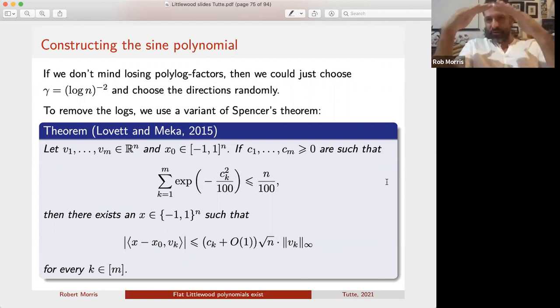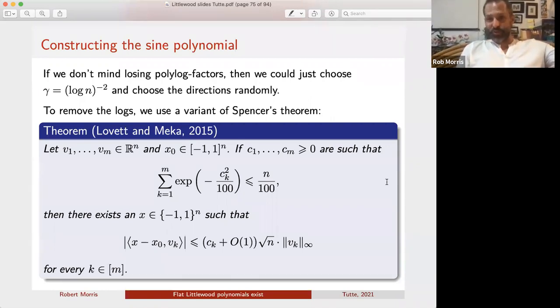Then you hit another one, and you continue the Brownian motion in the intersection of these two hyperplanes. When you hit one of the sides of the cube, you continue in the side of the cube. You run this Brownian motion until you've fixed a constant proportion of your coordinates, and then you stop and start again, see what you have left, and iterate this process. It's a really beautiful and simple argument, and I highly recommend this paper to those who don't know it.